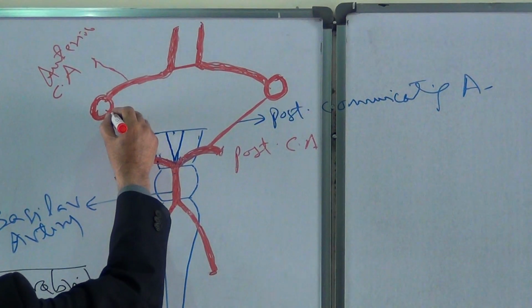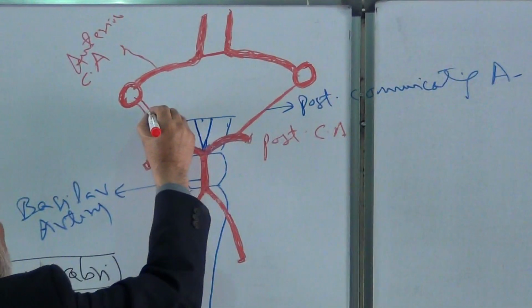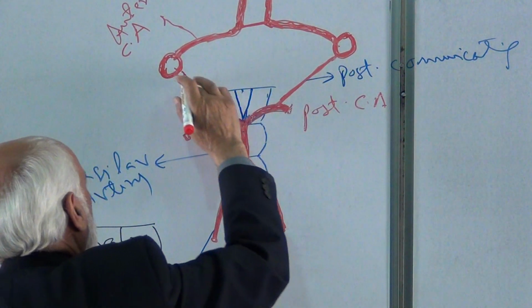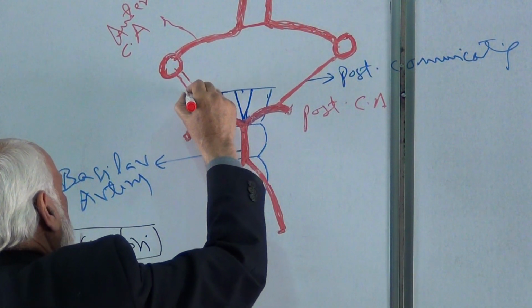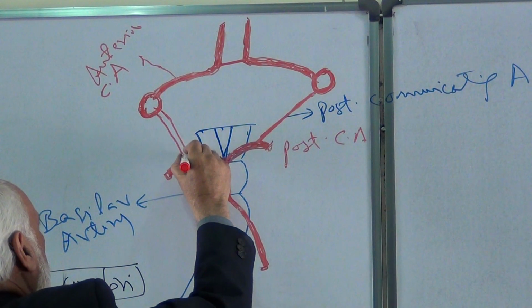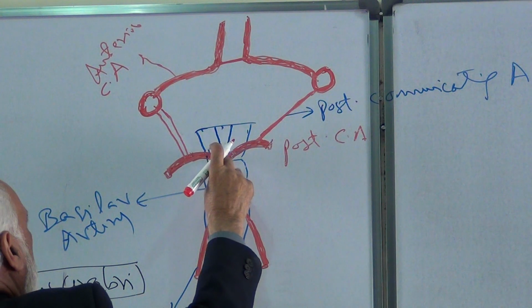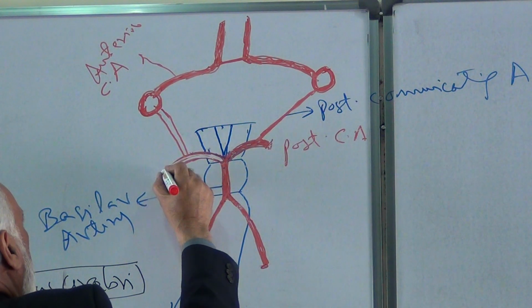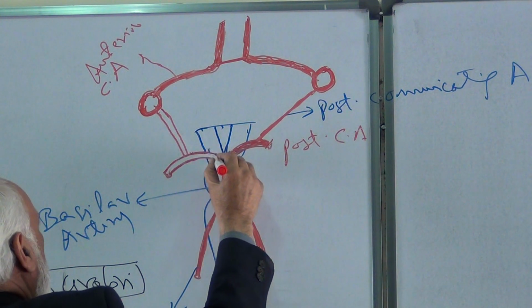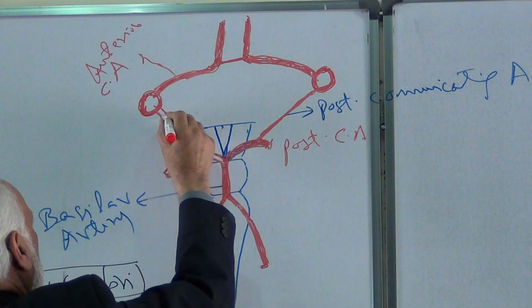So in this case, when there is a lesion in the posterior communicating artery, for example, on this side, the affected vessels are shown: the posterior cerebral artery and posterior communicating artery.